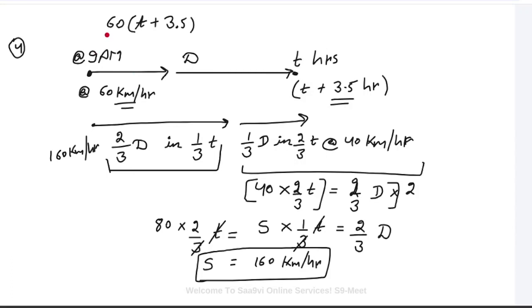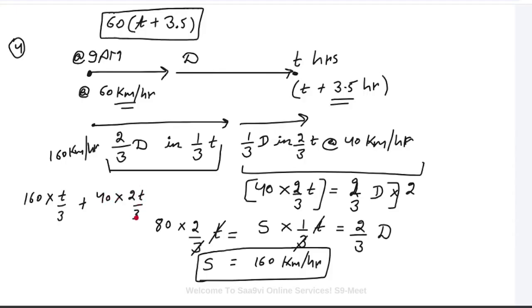And if I calculate the distance here, 160 kilometer multiplied by t by 3 time, speed into time, that is distance 1, plus second speed 40 into 2t by 3. It comes out to be 160 plus 80, 240 t by 3. That means this is 80t.